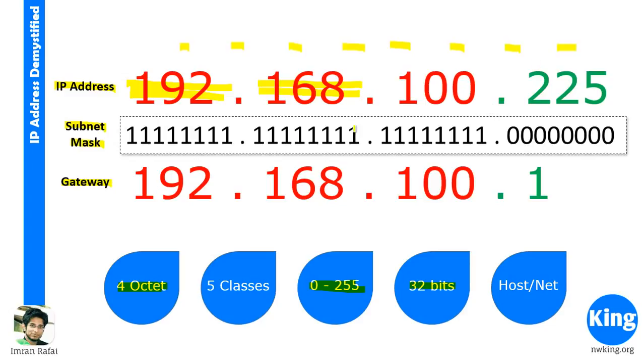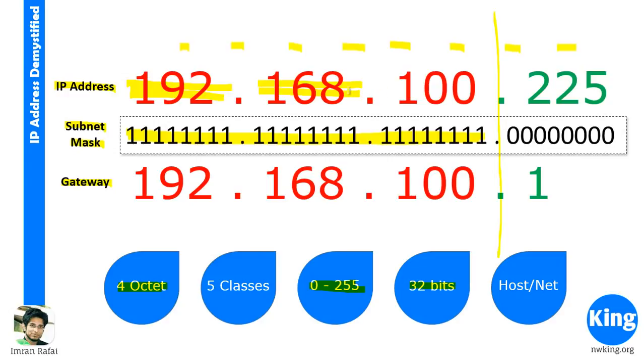If you see on the screen, the subnet mask will always be a series of 1s followed by a series of zeros. The transition from 1s to zeros happens at the place which separates the network part and the host part.